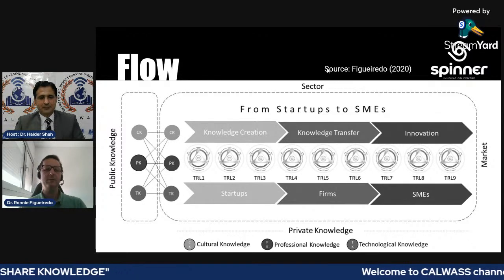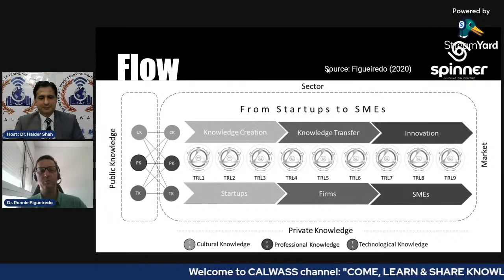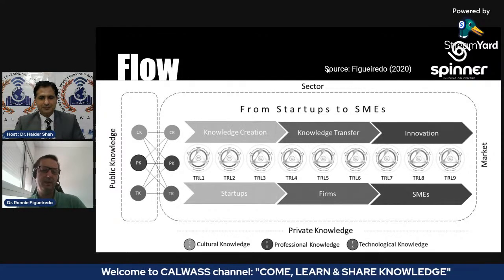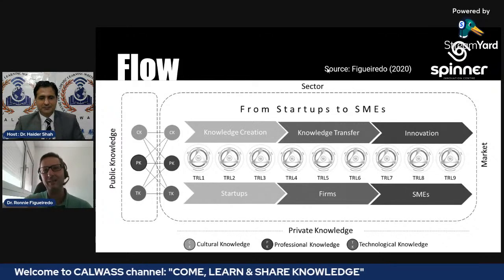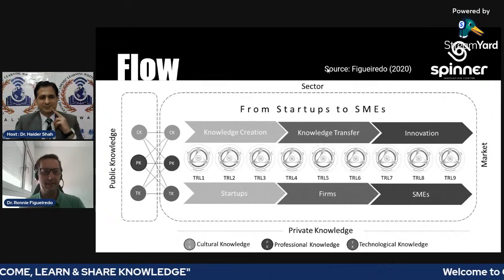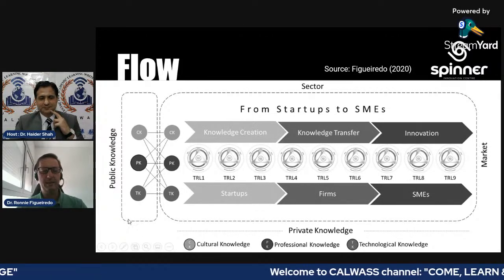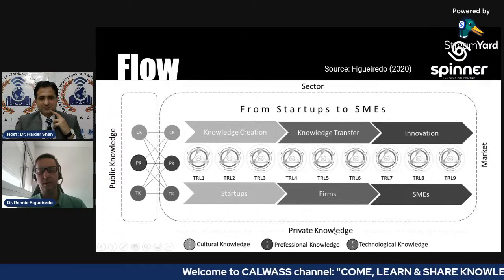Okay, so the Spinner model is for the diagnosis, and the knowledge flow tries to help support startups, firms, or SMEs to structure and analyze the evolution of the process in terms of innovation. Let's explain. On my left here, you have public knowledge, and behind the flow, you have private knowledge.